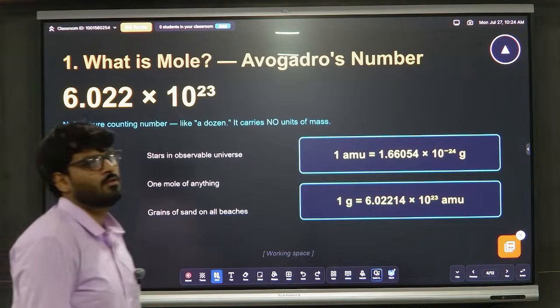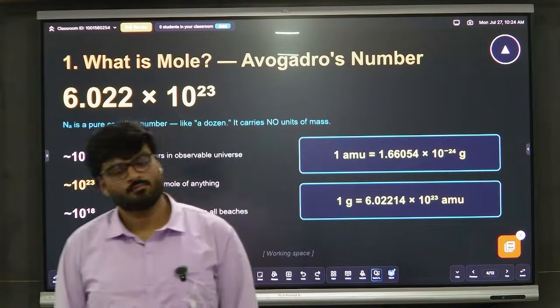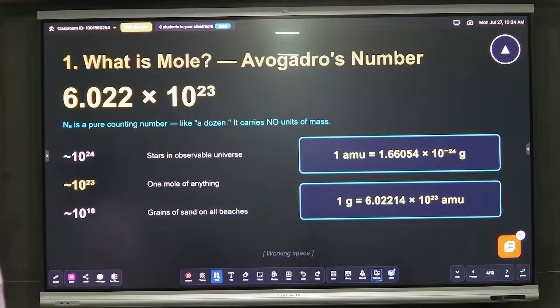How many dollars are in 1 mole? Very good. So try to solve it.